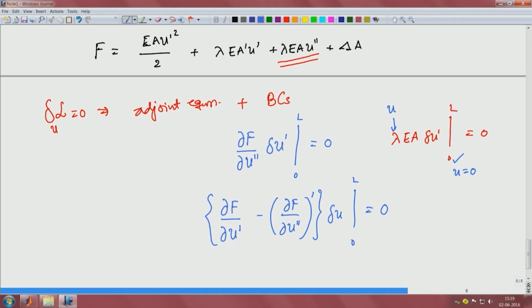E is of course not 0, and δu' is also not fixed, because u' there, when it becomes 0, is like a Neumann boundary condition or natural boundary condition, we are not specifying it. There we say A must be 0. So in order to satisfy this, we conclude that A at x equal to L should be equal to 0.